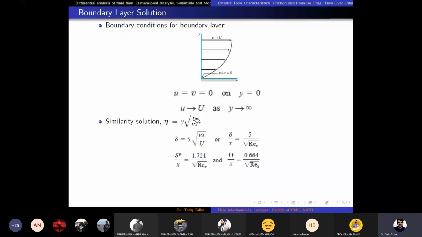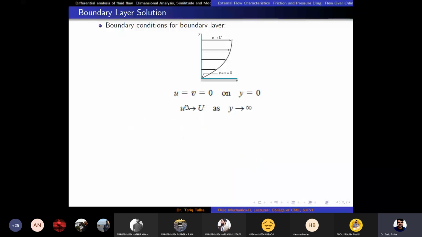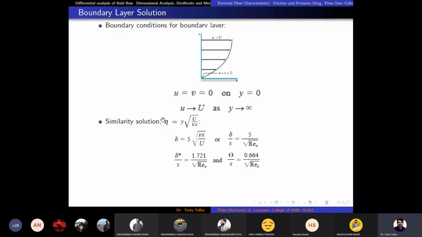We are not going into detail on that, because it is beyond the scope of this course. We usually discuss these solutions in postgraduate courses. I will keep it as simple as possible for you, because it involves the solution of a third order ODE.